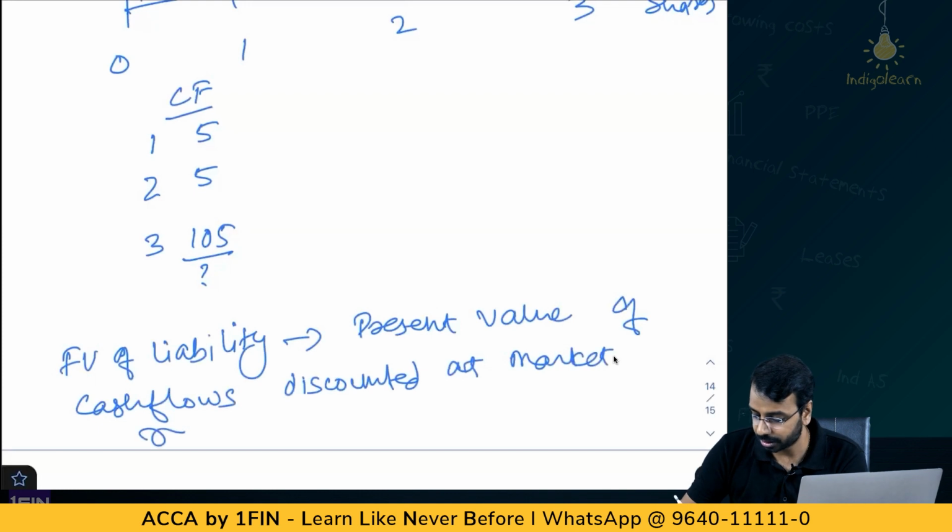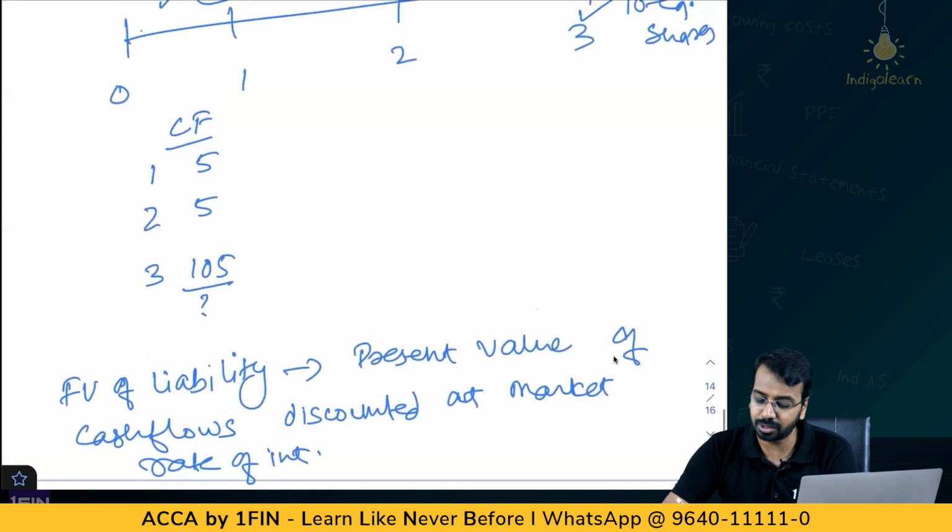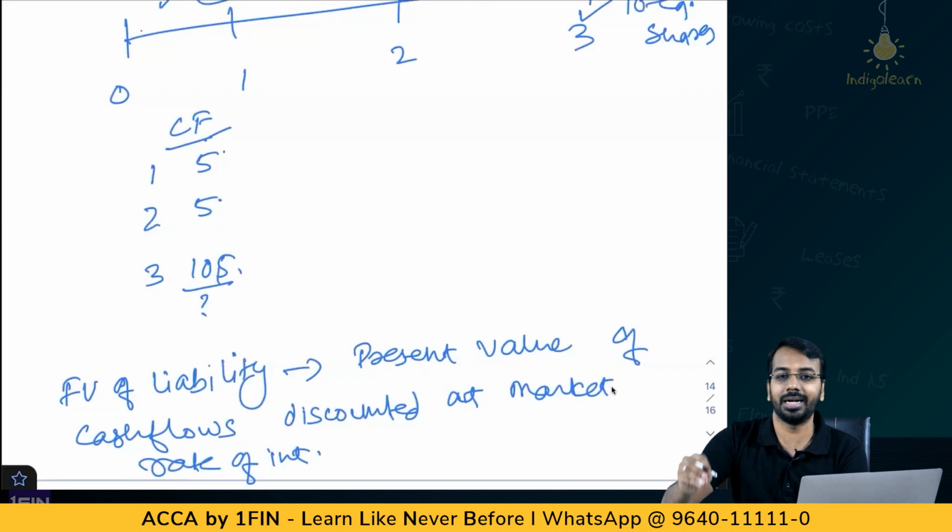market rate of interest. So what we need to check is, assume for a moment there is this 5, 5, and 105 of cash flow. For this type of cash flow, what is the rate of interest in the market? Forget the conversion option. For this cash flow, currently, if there is no conversion option, what is the market rate of interest?